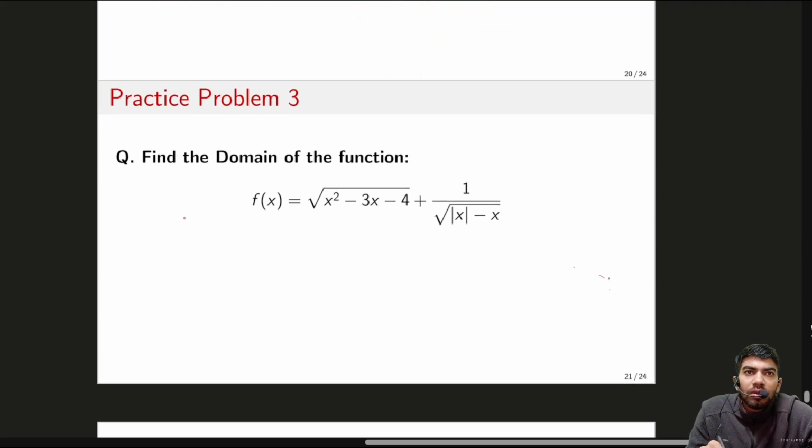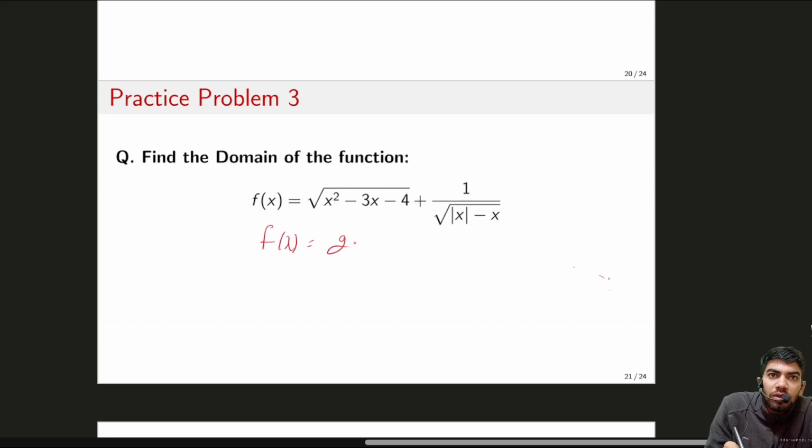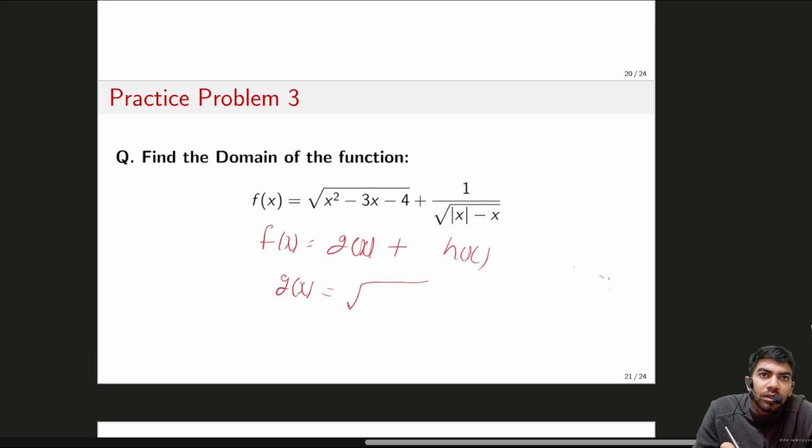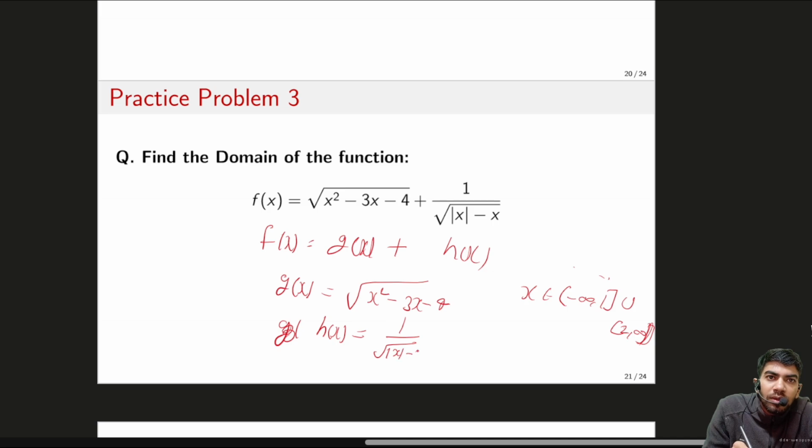So consider this function, f(x) equals g(x) plus h(x). g(x) is x square minus 3x minus 4, with x belongs to minus infinity to 1 closed, union 2 to infinity, and h(x) has x belongs to minus infinity to 0.